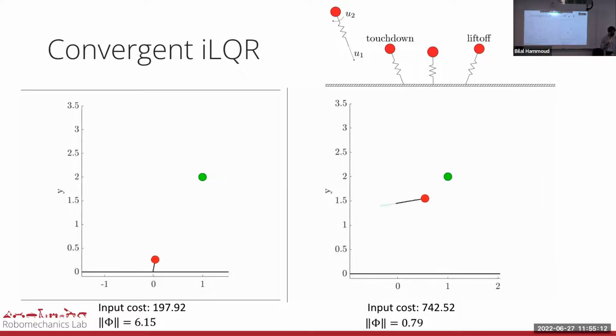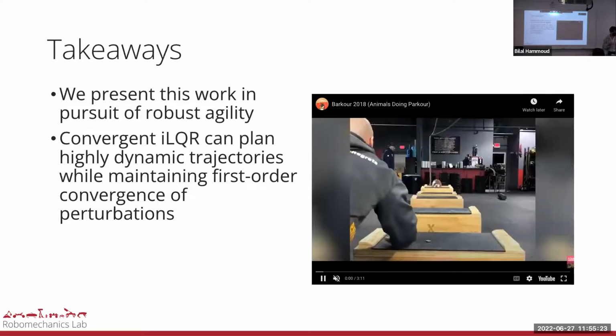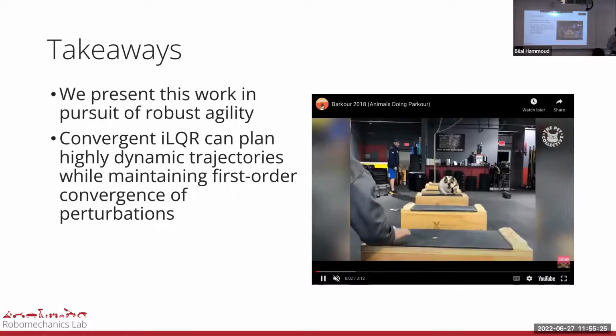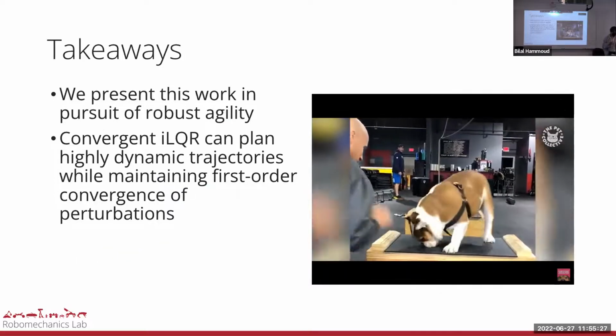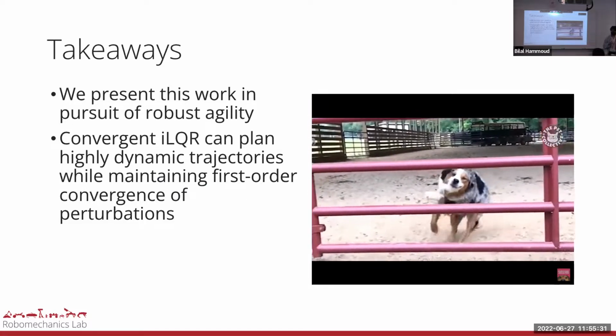And these are some plots that show that the final error and also the cost of our feedback effort are significantly improved with this result. So we're trying to enable robots doing dynamic things, and this is a step towards that. Thank you.